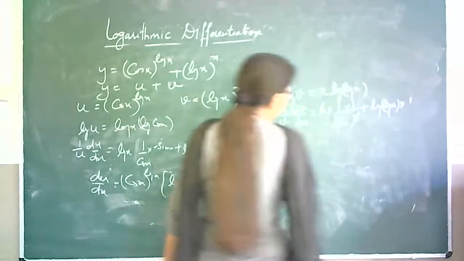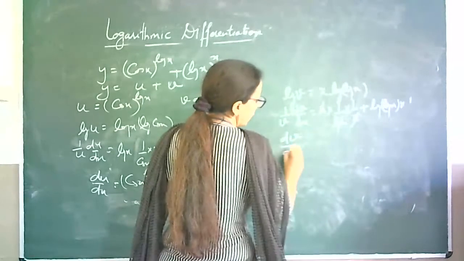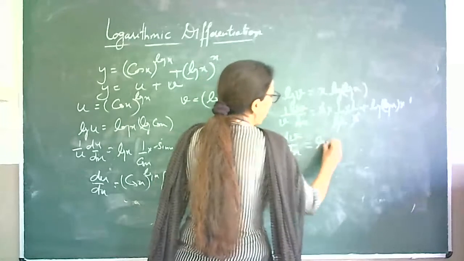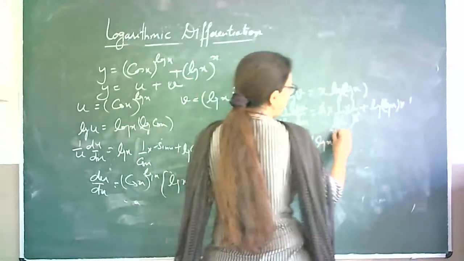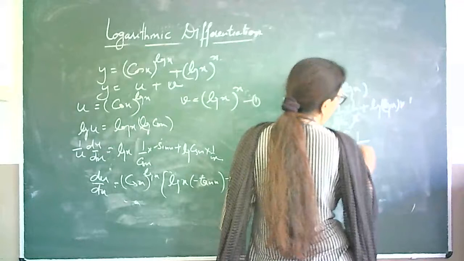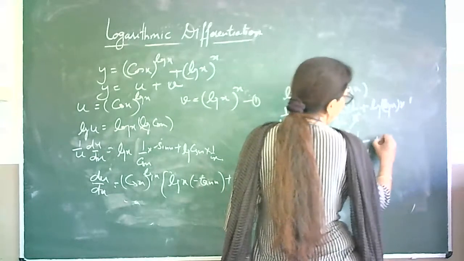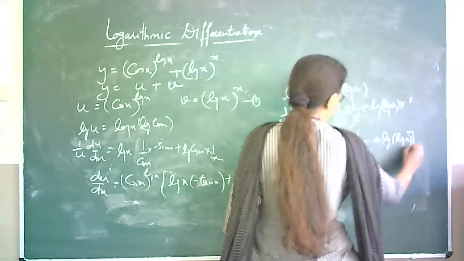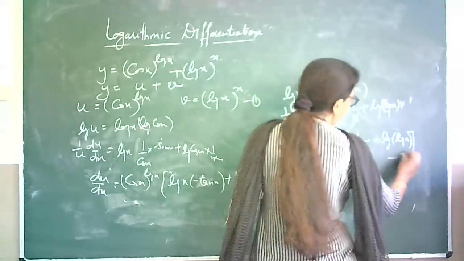So what is dv by dx equal to? dv by dx is equal to v. V means log x raised to power x into 1 upon log x plus log of log x. Let me number it as 2.